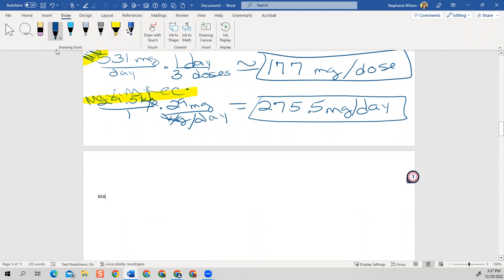Let's figure out its single maximum dosage. So I'm going to take this 275.5 milligrams per day. I'm going to divide it because it said every 8 hours. We already figured that part up at the top for this. So we're going to factor that in. In 1 day, they're going to take 3 doses.